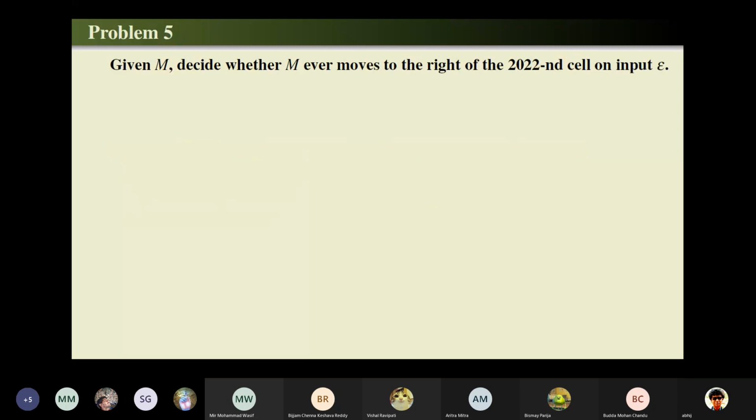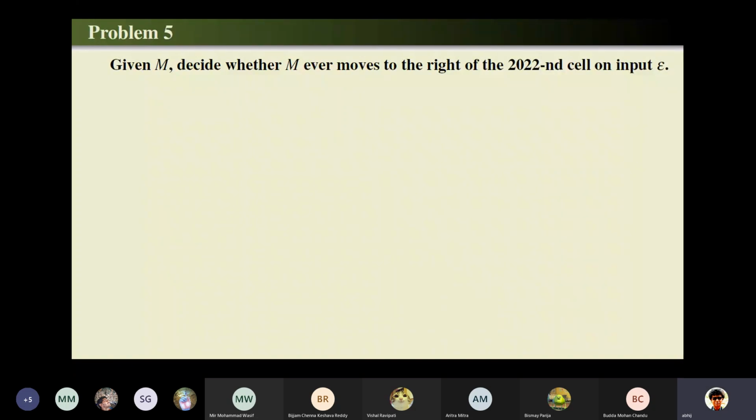Now, this is, I believe, a little bit more complicated than the previous things. Given M, decide whether M ever moves to the right of the 2022nd cell on input epsilon. Apparently, the machine may cross this 2022nd cell much later, and this time may be unbounded.